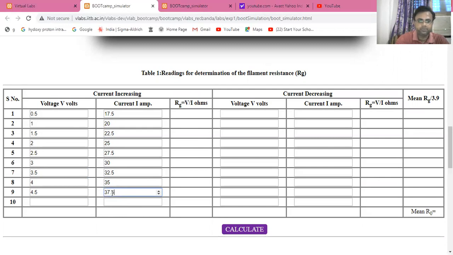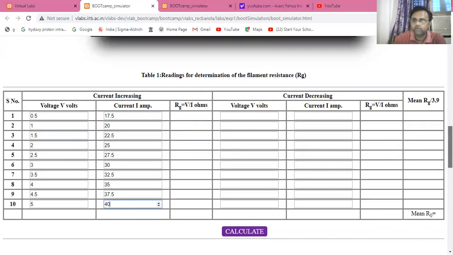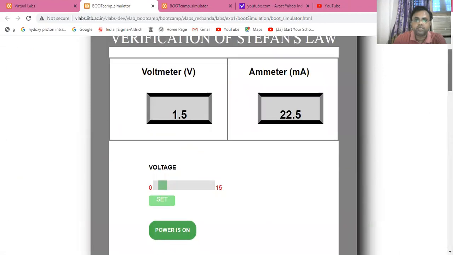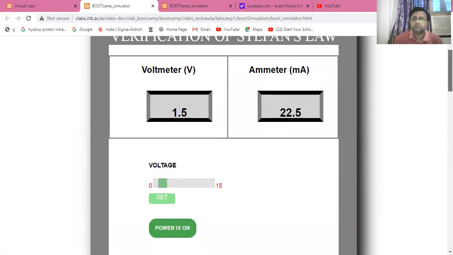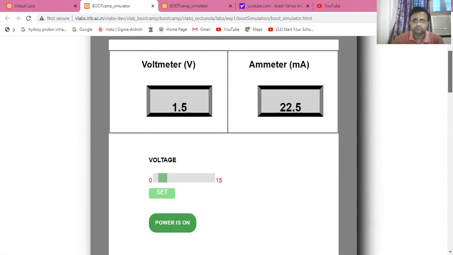And at 5 volt it will be 40. So the first increase in voltage reading is completed, right? You have to take a reading for every increasing 0.5 volt.